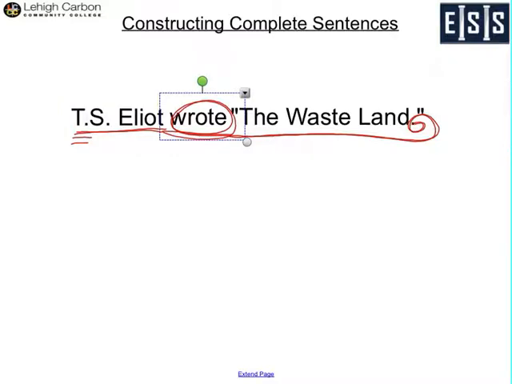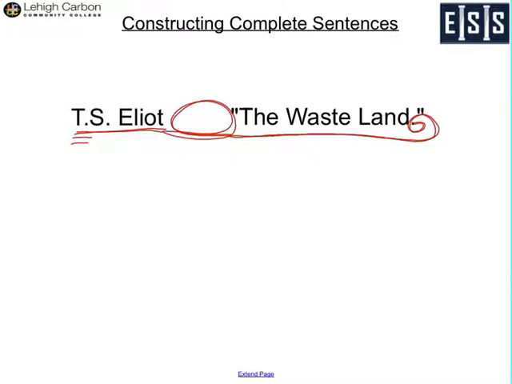"Wrote," similarly, if removed, leaves us with "T.S. Eliot, The Wasteland," which almost sounds like a modern poem in and of itself, but it isn't really a complete sentence. We don't have any verb to show us how T.S. Eliot relates to The Wasteland. There's just two nouns kind of stuck together.